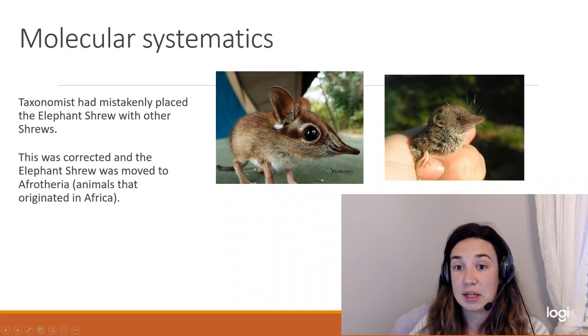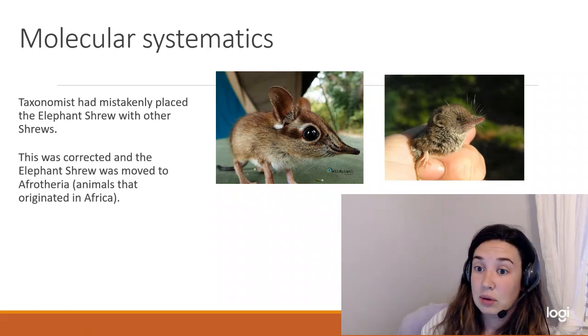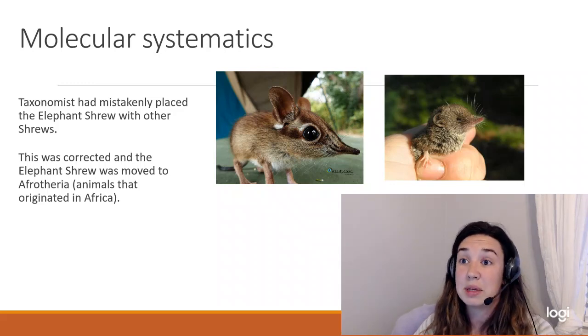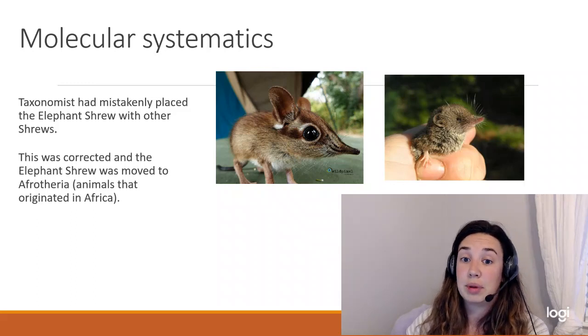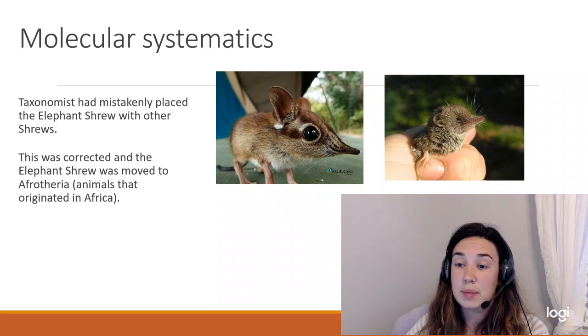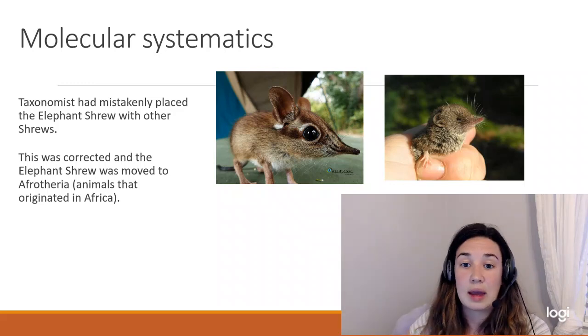So in this particular case, you have the elephant shrew on the left, this cute little guy with the big eyeballs. The taxonomists mistakenly placed the elephant shrew with the other shrews. However, this was incorrect. As you can see, the other shrews, the ones that you might see in North America, are a little bit different.